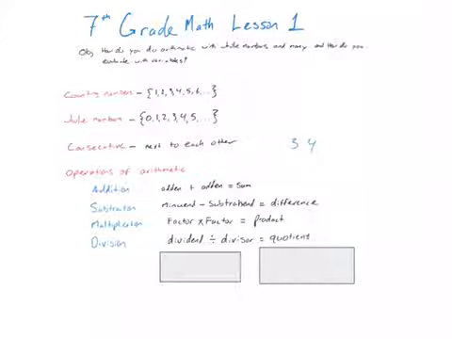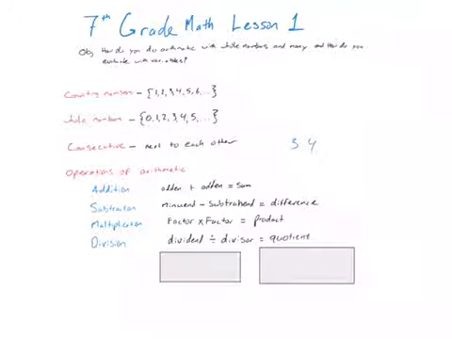Operations of arithmetic. Some basic operations of arithmetic are addition, subtraction, multiplication, and division. In these, we have some terminology. In addition, we take an add-in, and then we add another add-in, and we get a sum.